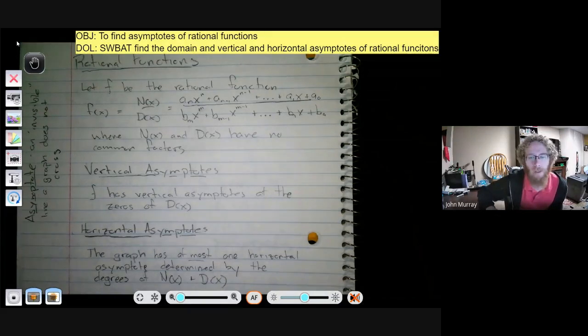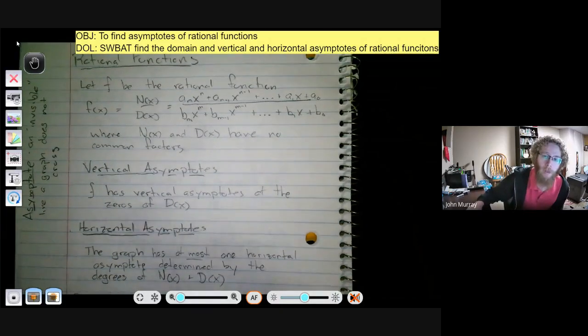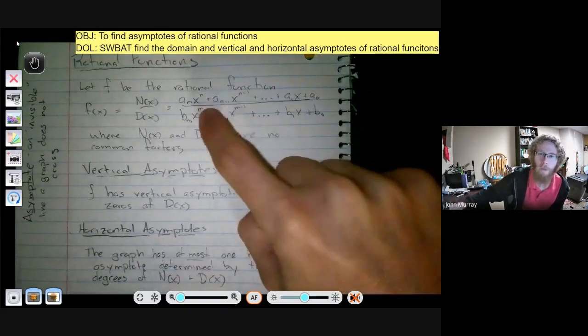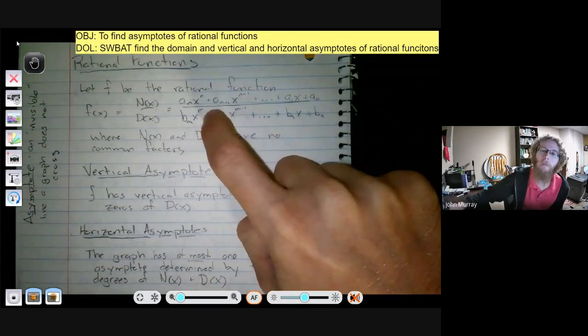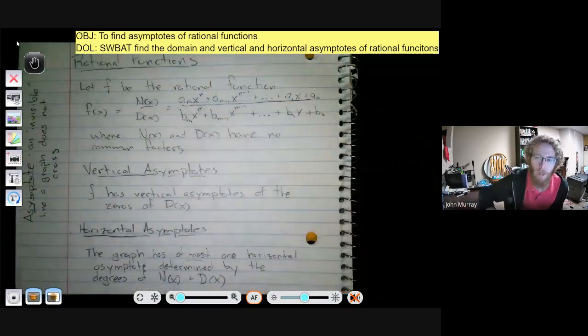Then we also have horizontal asymptotes. Any rational function will have at most one horizontal asymptote. The way we figure that out is by comparing the degrees of your numerator and denominator. We're comparing the highest exponent in our numerator function and our denominator function.